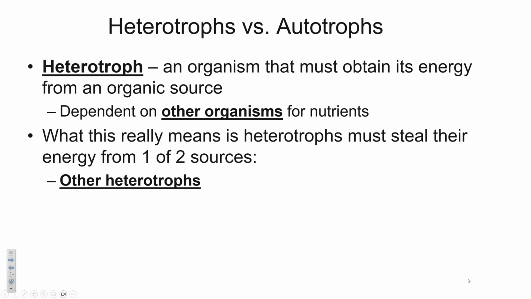Okay, so ultimately we can get it either from other heterotrophs. For example, if a human eats meat, we're getting our energy from another heterotroph. You could also get it from an autotroph, and the autotroph is the second category that's distinct from a heterotroph. So this says heterotrophs versus autotrophs. As an animal heterotroph, you could get it from another heterotroph or an autotroph.